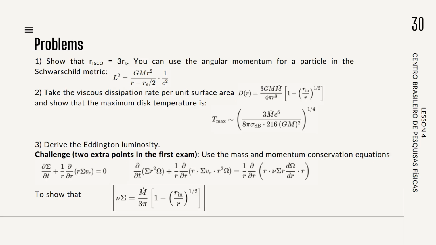You have the conservation of mass equation and conservation of momentum in fluid dynamics. If you want to do that, have fun. It will be 2 extra points. Okay? Doubts?